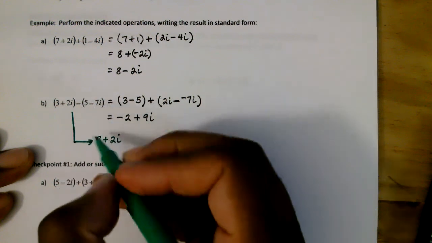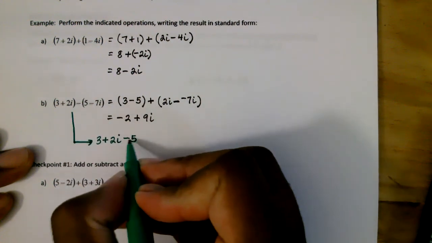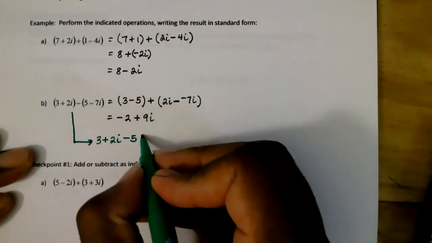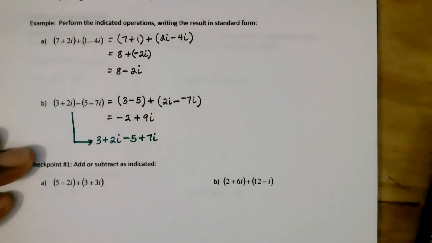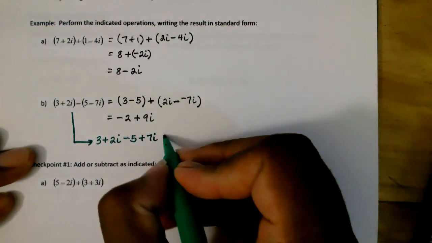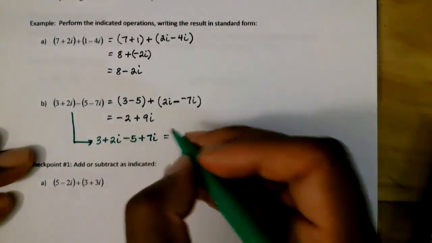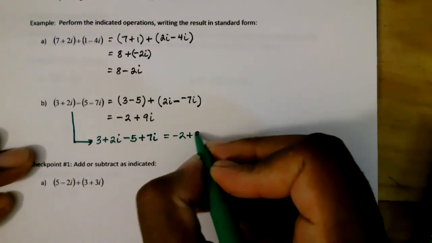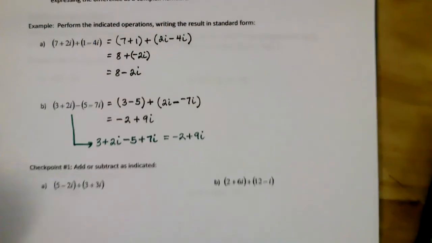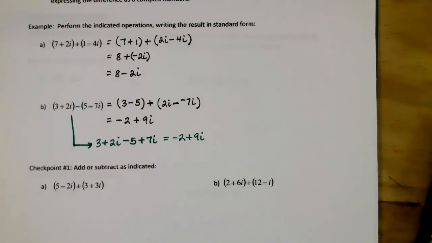So the minus sign makes the 5 minus 5, and the minus 7i plus 7i. And then combine your like terms. 3 minus 5 is negative 2. 2i plus 7i would be plus 9i. So that's another way you could have solved that particular problem.